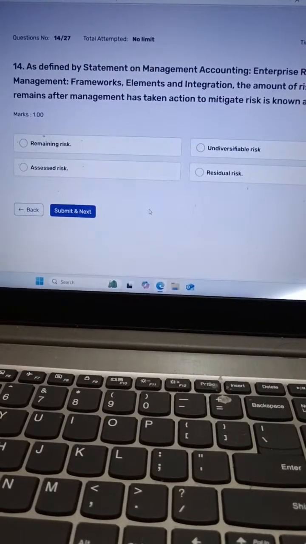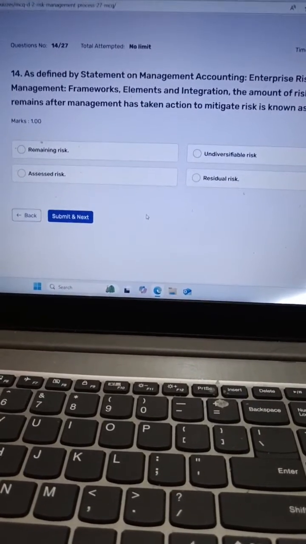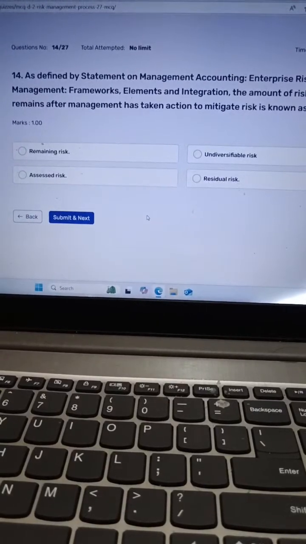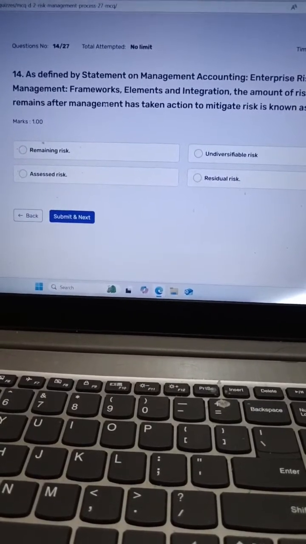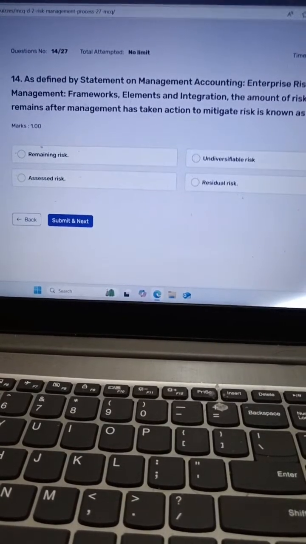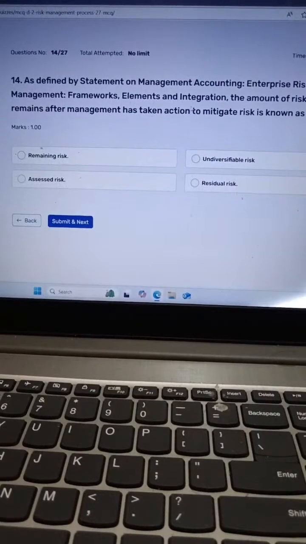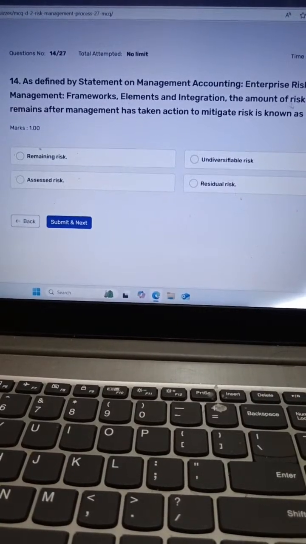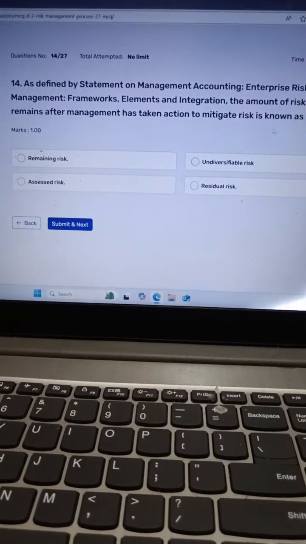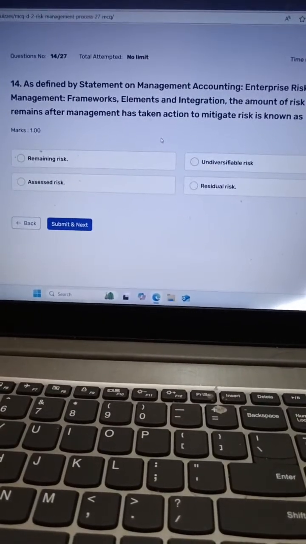Okay, now we are on question number 14 out of 27. It means we are around 50% complete. As defined by the Statement on Management Accounting, the enterprise risk management framework: the amount of risk that remains after management takes action to mitigate risk. I already talked about this one.